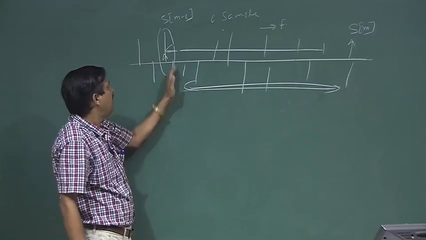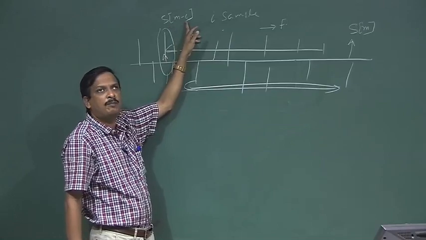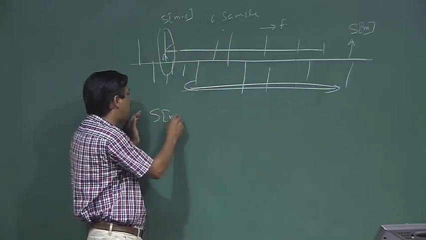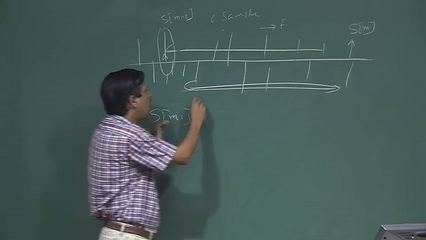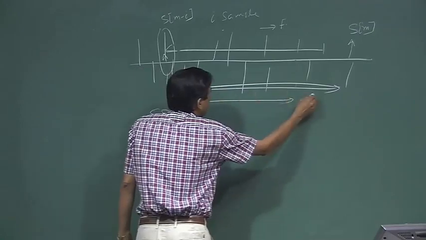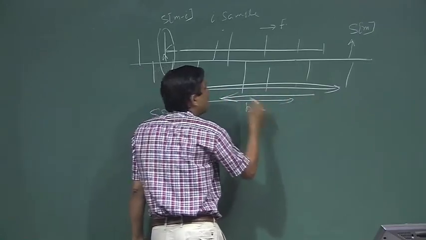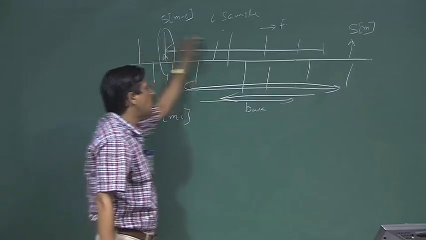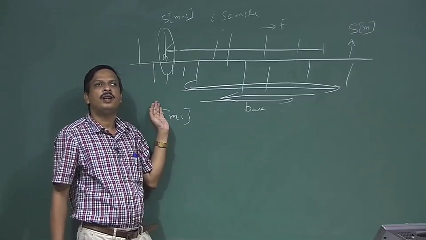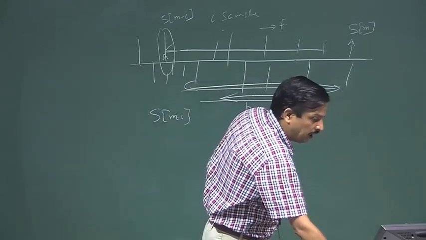So, either I can predict Sm from the i previous samples, or I can predict Sm minus i from the i samples on this side. If I predict this one, the prediction is in this direction, and this is called backward prediction. So there is forward prediction and there is backward prediction. I can do both ways. So let us see how we can do that.